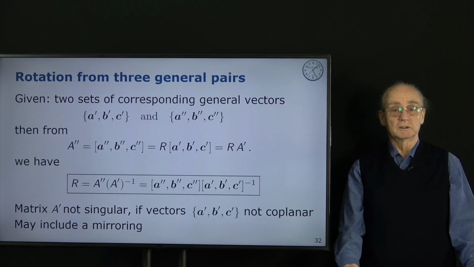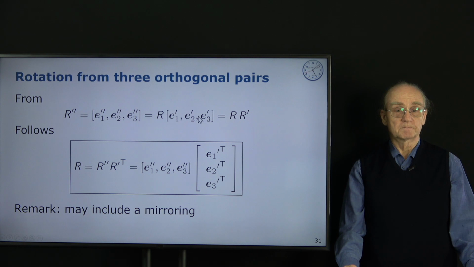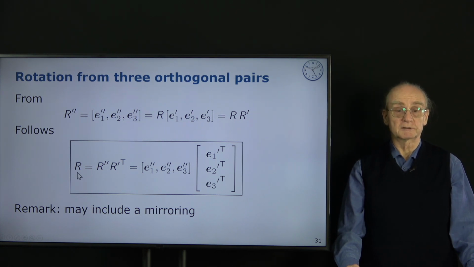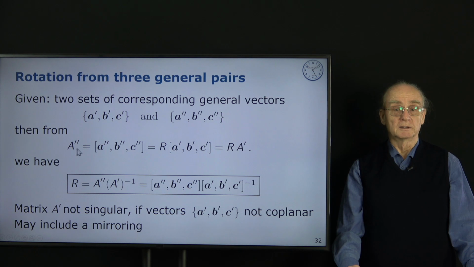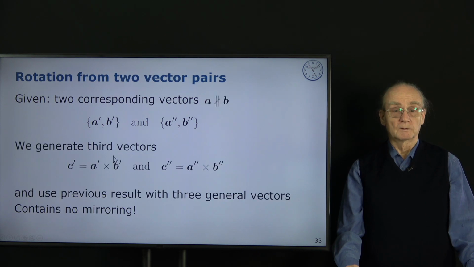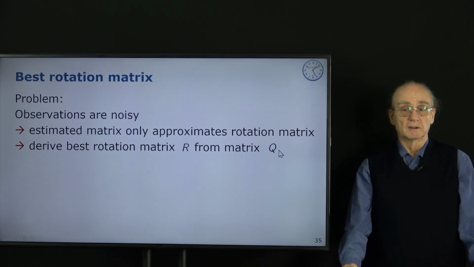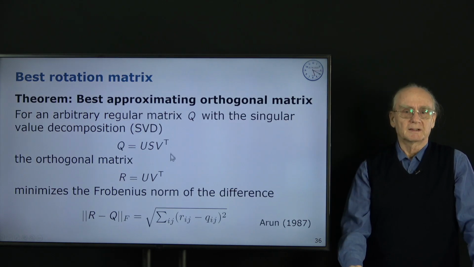So especially in this case and in this case. In this case we assume that they are approximately orthogonal, so we get an approximate matrix which is approximately a rotation matrix, and of course here again. So what we need is a rotation matrix which is as close as possible to the matrix Q, which we actually get from the observations.